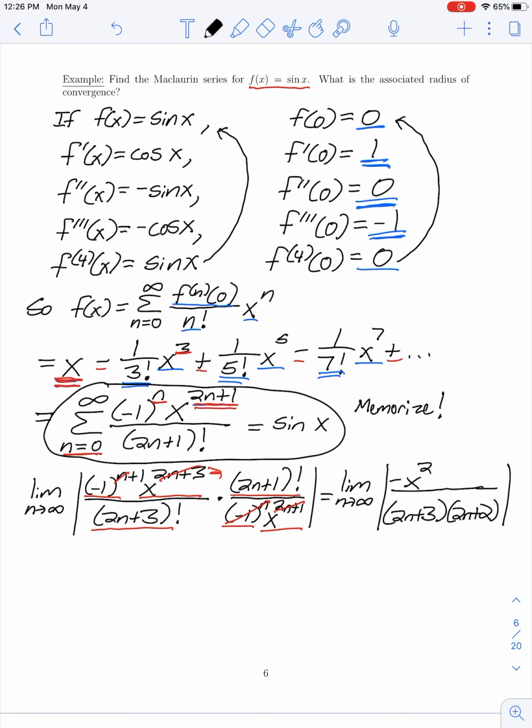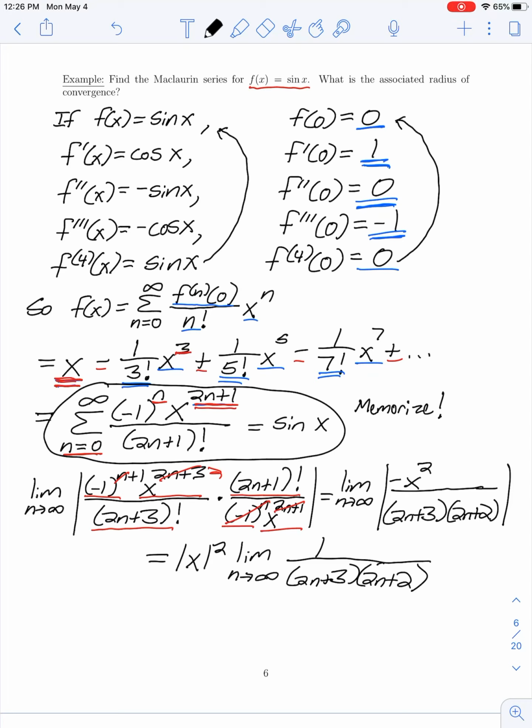So again, as with our last example, if we pull out anything not involving n in front of our limit, we have the absolute value of x squared times the limit as n approaches infinity of 1 over 2n plus 3 times 2n plus 2.